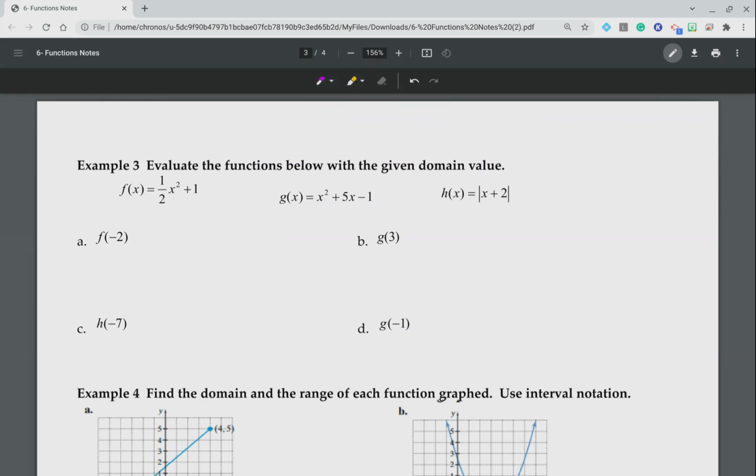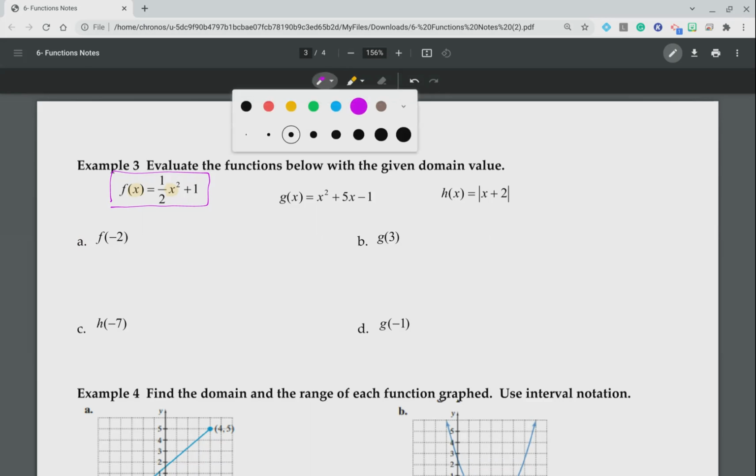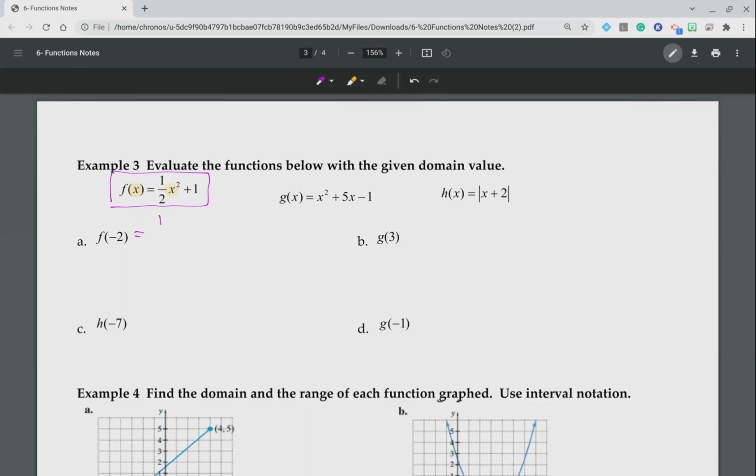So what do I mean by that? For letter A, it says f of -2. So I am going to take my f of x function, and I am going to plug in -2. I always say, there's an x here, so there's an x here. So if there's a -2 here, then just plug in -2 into the function: 1/2 times -2 squared plus 1.